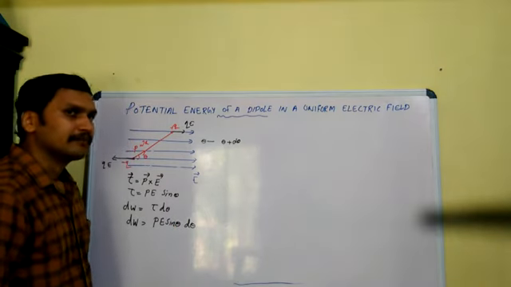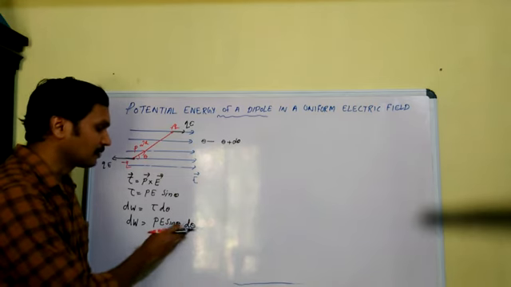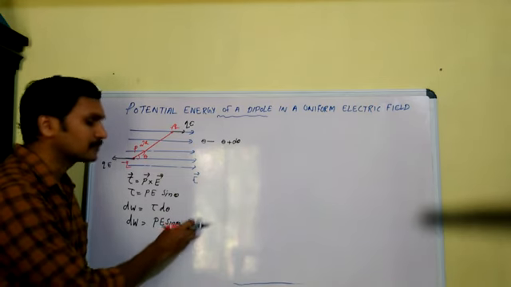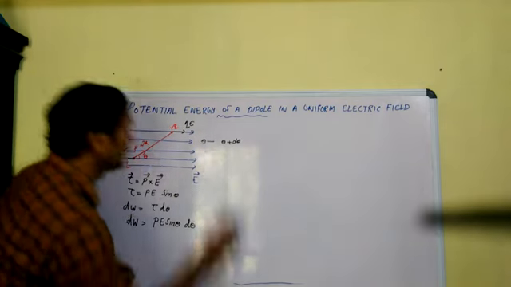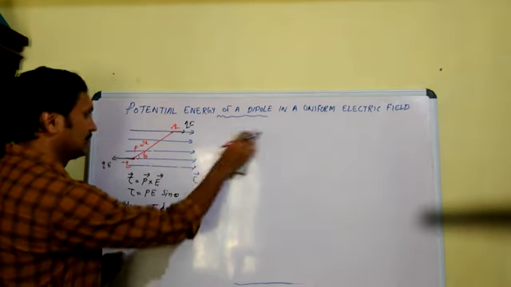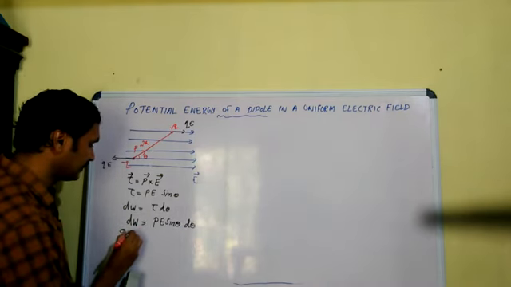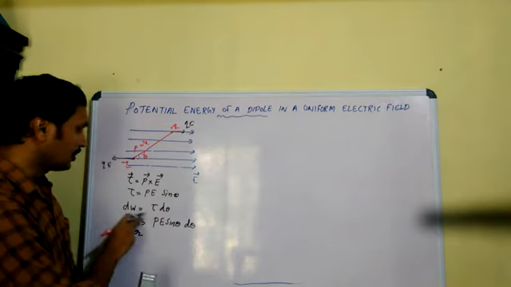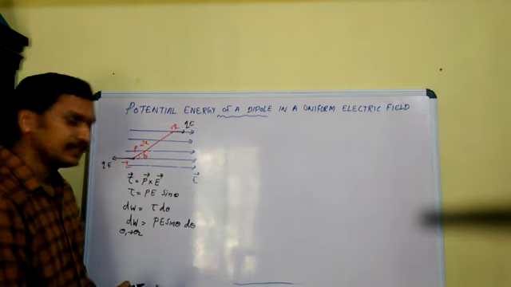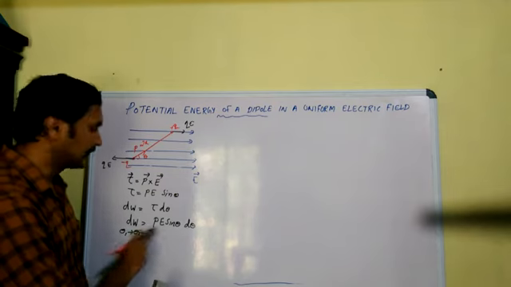But actually, this is the work for turning through a very small angle d theta. Suppose our aim is to turn from an angle theta 1 to theta 2. How can you find the work for turning from theta 1 to theta 2?